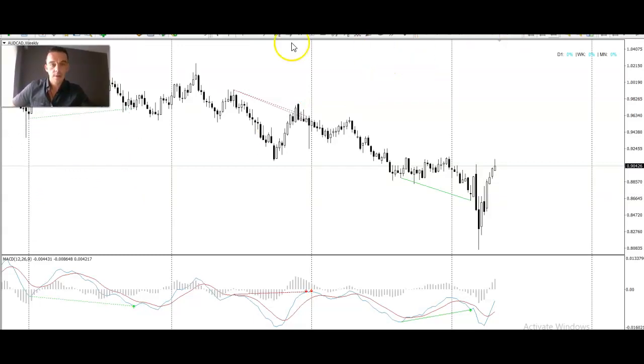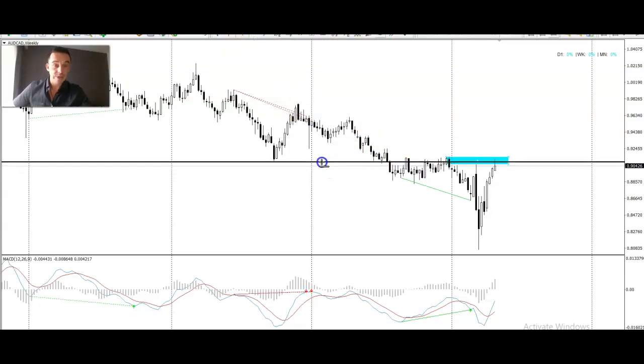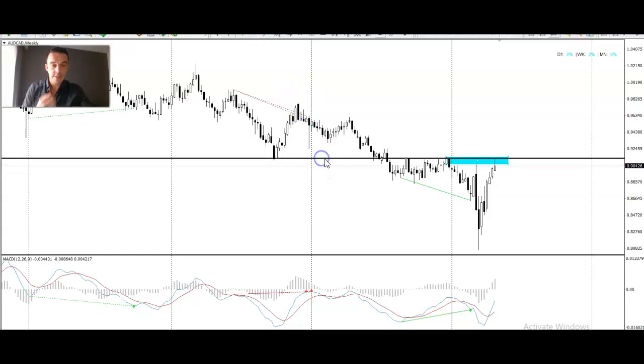As you can see, the market has come up into this weekly area here, and I am expecting a bit of resistance here. It's up where I was looking to enter it last week, at 0.94.